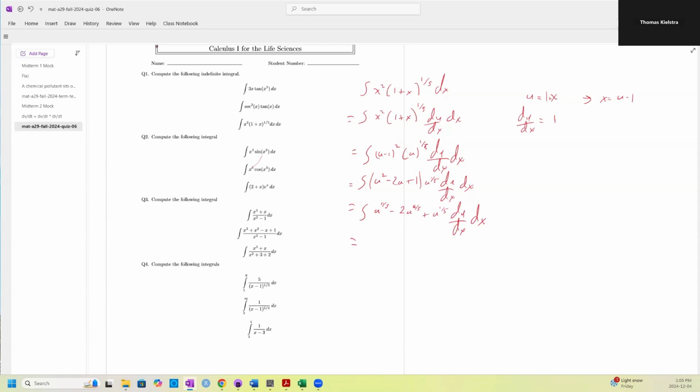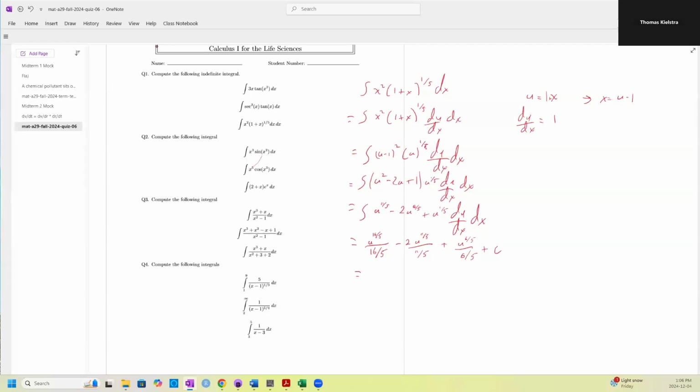For each of these, I go up a power over power. So it's u to the 16/5 over 16/5 minus 2u to the 11/5 over 11/5 plus u to the 6/5 over 6/5 plus c.